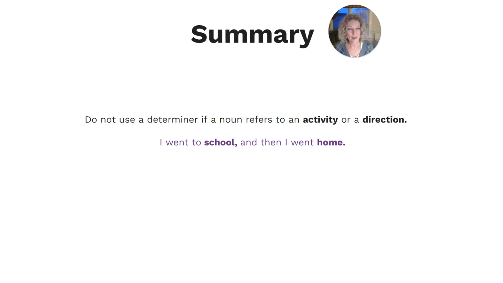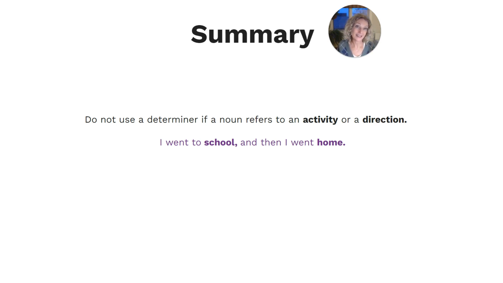So here's an example that uses both. I went to school and then I went home. Here, school refers to an activity. I went studying, and that's why we're not using a determiner. And then home refers to a direction. I went home. I went in a home direction.